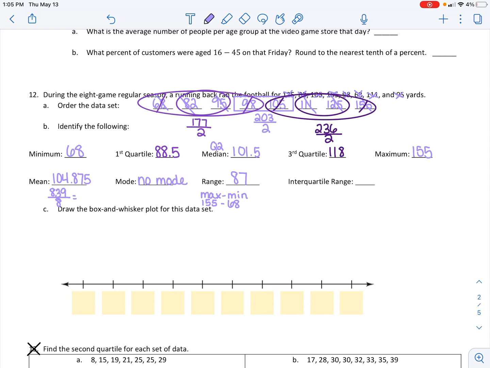The interquartile range is our Q3, quartile 3, minus our Q1, so our quartile 1. Our quartile 3 was 118, minus our quartile 1 was 88.5. So I'm going to take that 118 and subtract 88.5, which gives me 29.5.